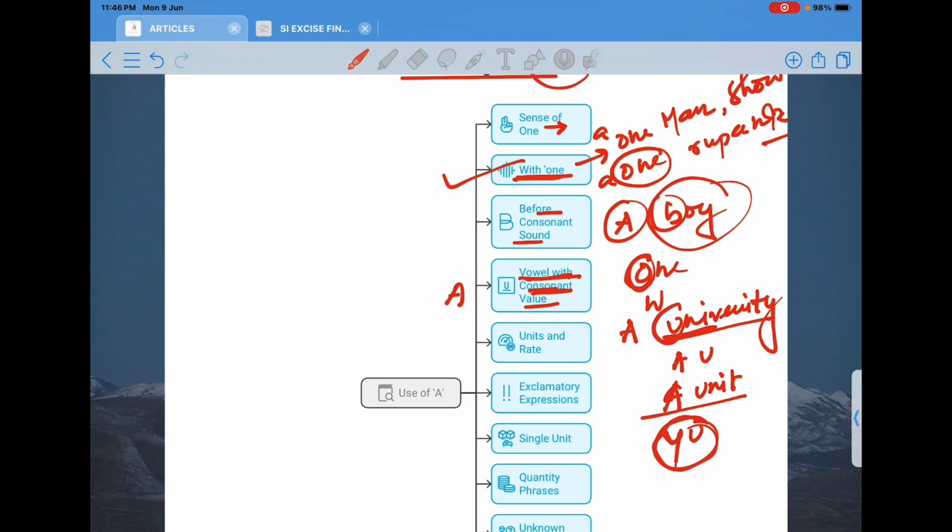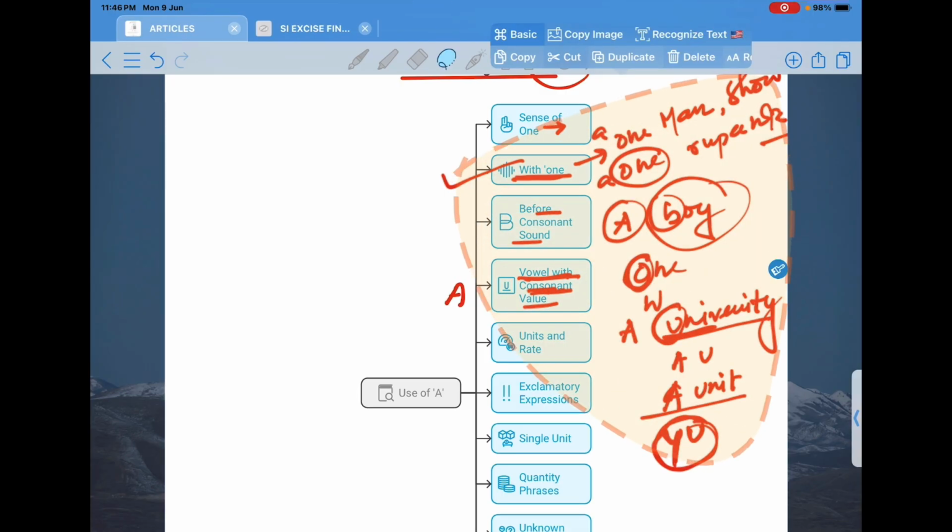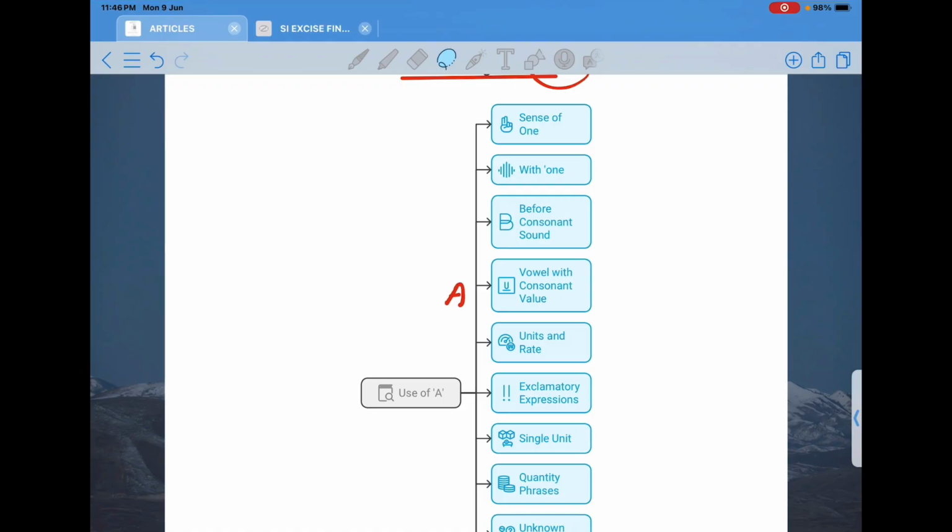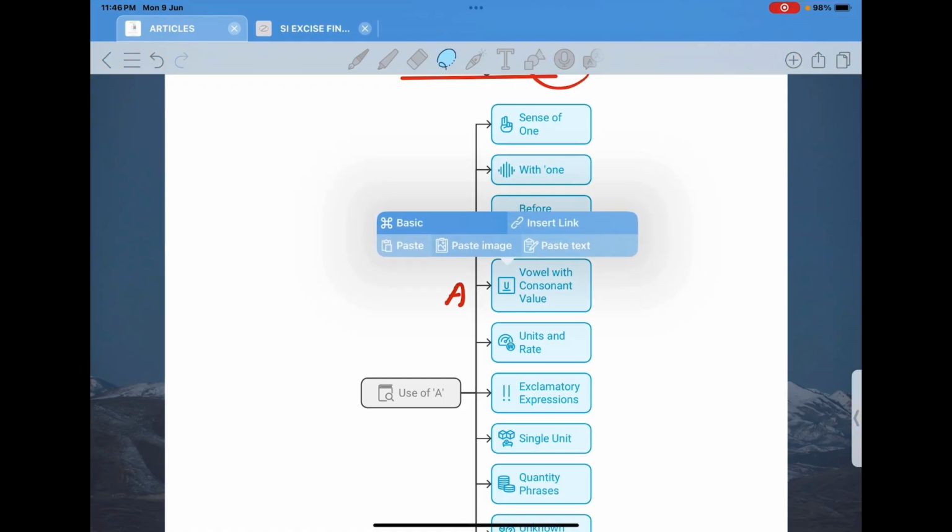U is a vowel but it sounds like "yu", so basically it is a vowel with a consonant value. This is also very important, you should remember. Questions have been asked from this section.